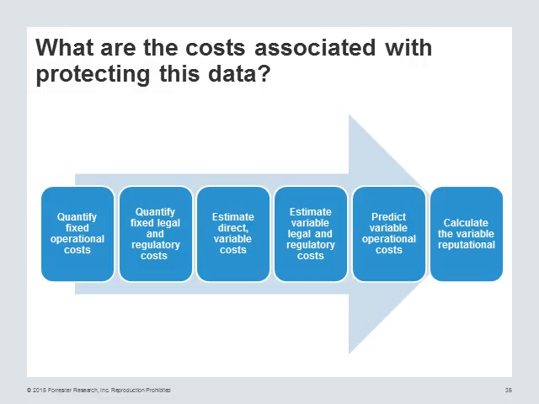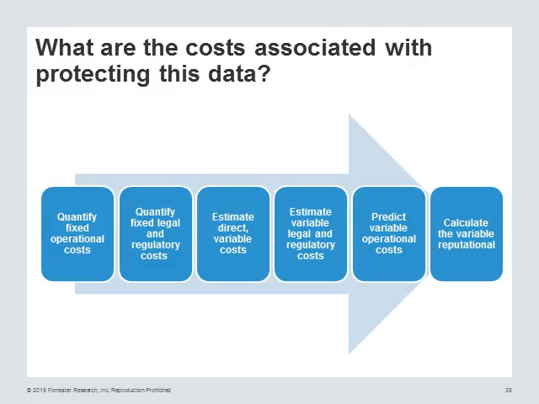And some of these are direct costs that are easier to measure, while others are a little bit more variable, a little more squishy, depending on circumstances. So things like fixed operational costs. This would be office space, support costs for staff, maybe license fees for security software. Fixed legal and regulatory costs.